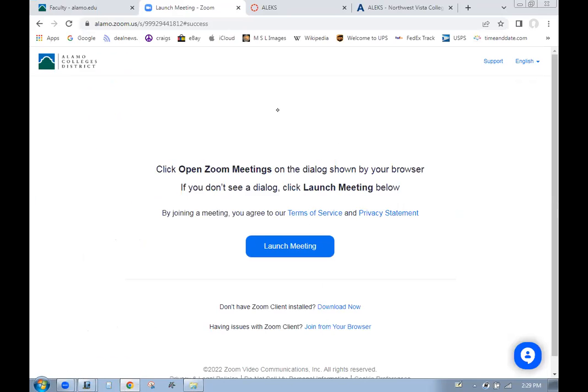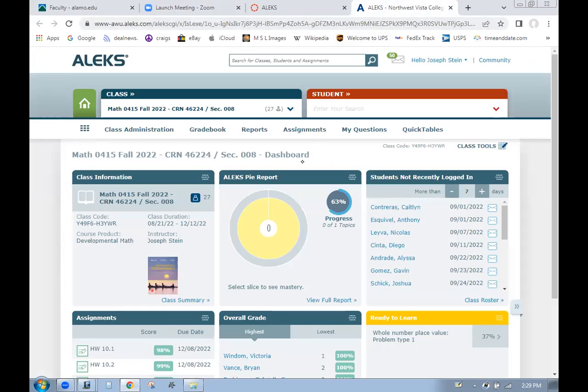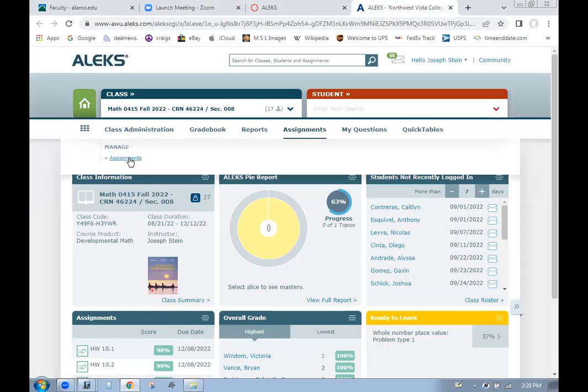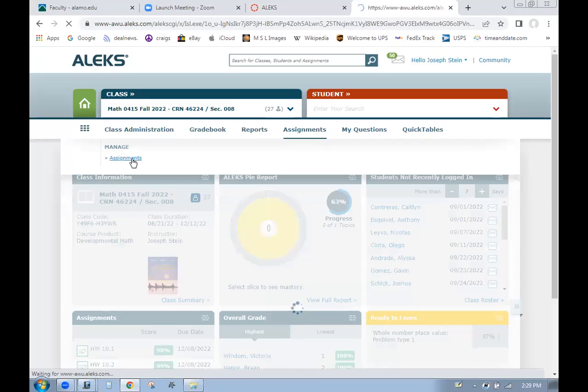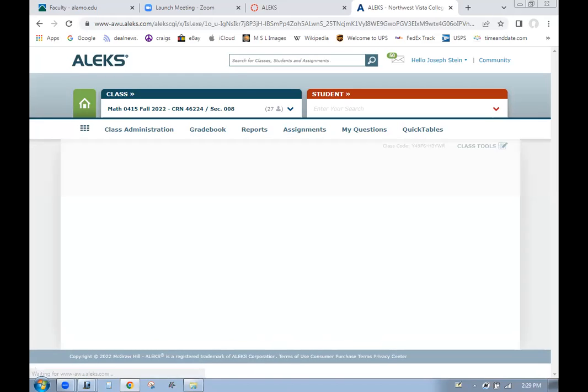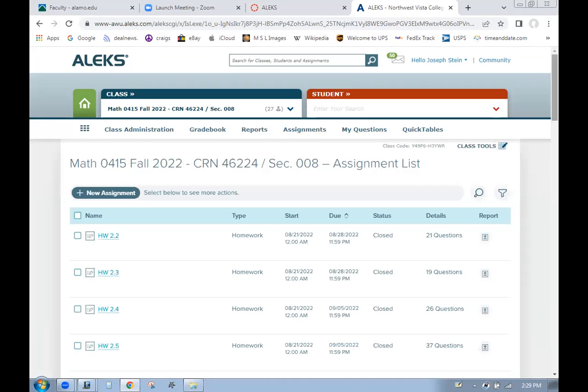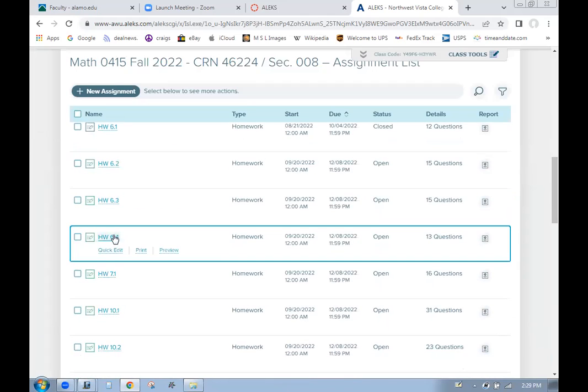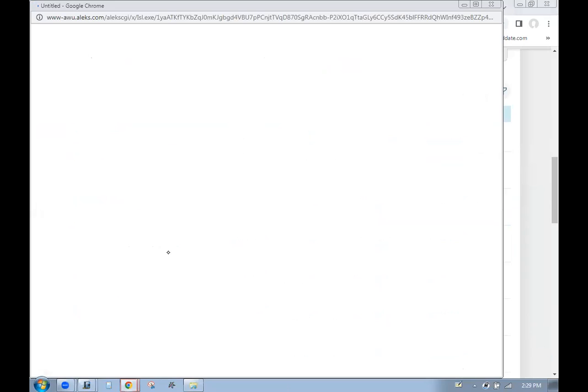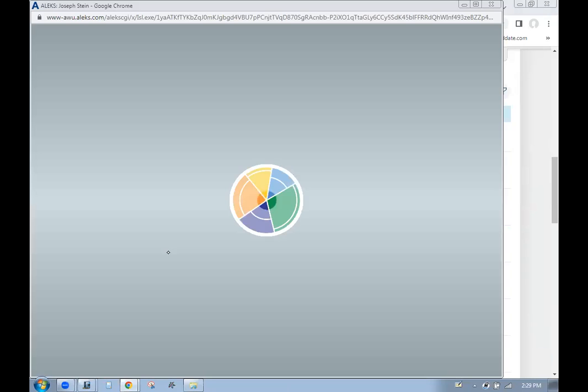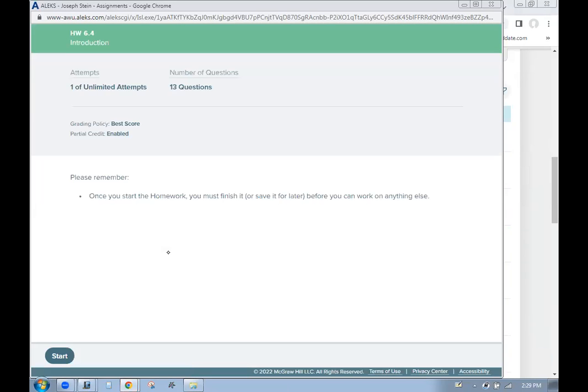Let's see. This button. Yeah, we'll go to the assignments. There we go. And 6.4. Wonder if I hit preview. No, that's not the right button.